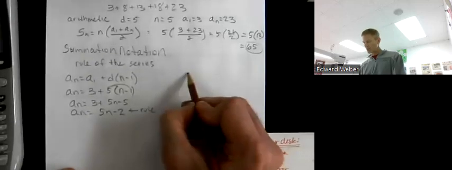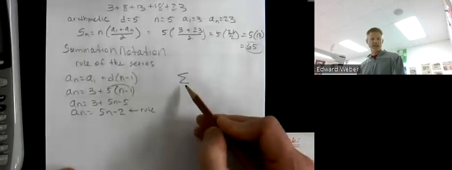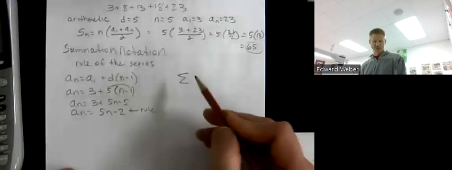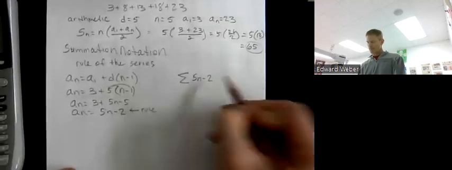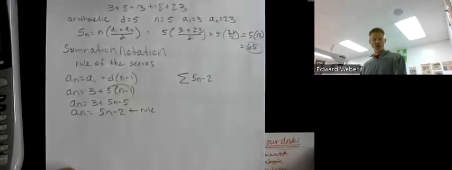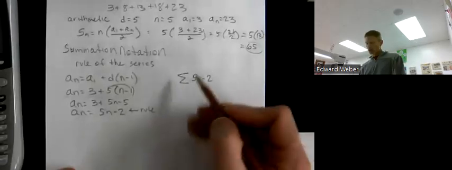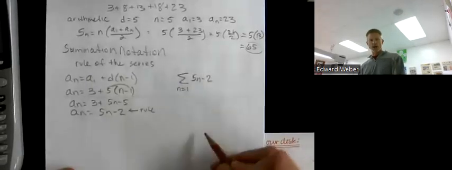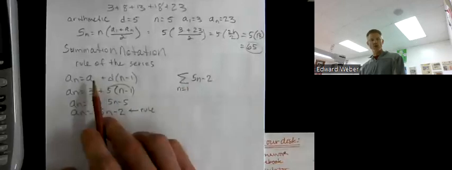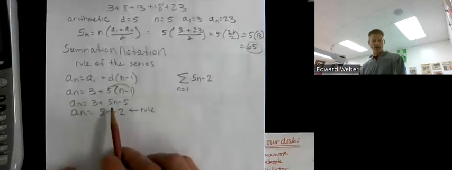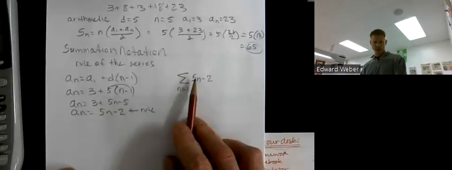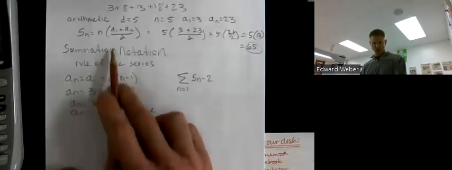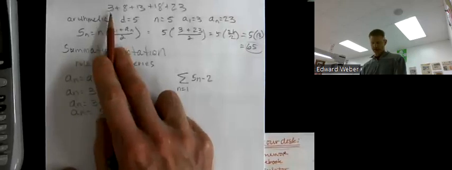So when you have a rule of the series, then we use our sigma for sigma notation. And we use our 5n minus 2. The value that goes on bottom will always be a 1, because when you're using the explicit formula, that's implying that when you plug in a 1, 5 times 1 is 5 minus 2 is 3.